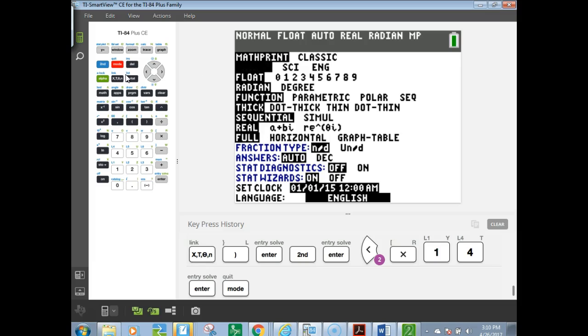You go to your mode button, and then arrow down to where it says radians. That's the only time we've needed to be in radians so far in this whole unit. We have not needed to be in radians any other time.